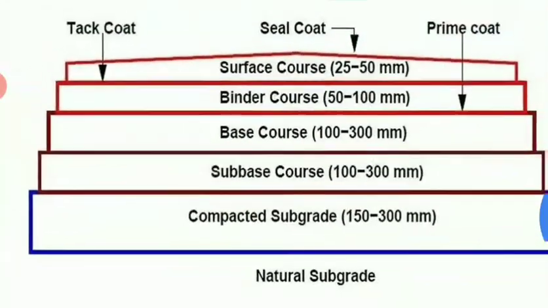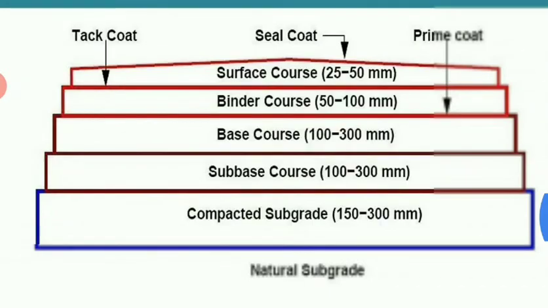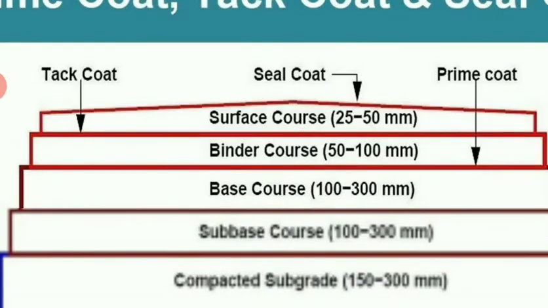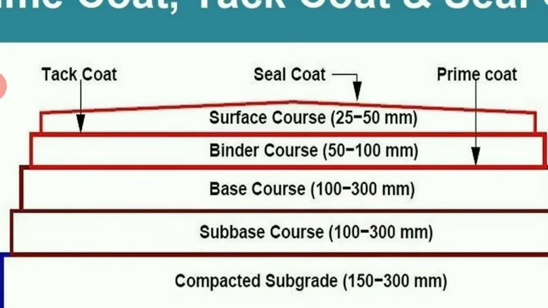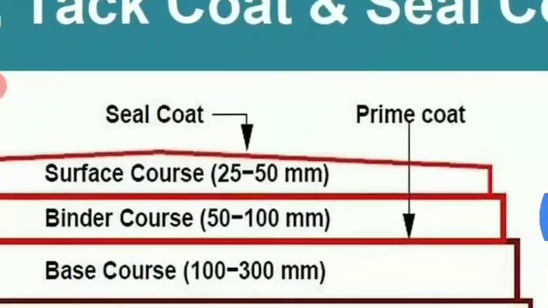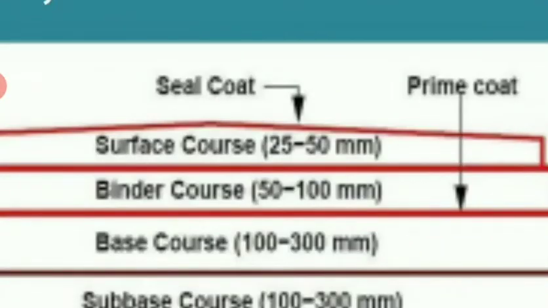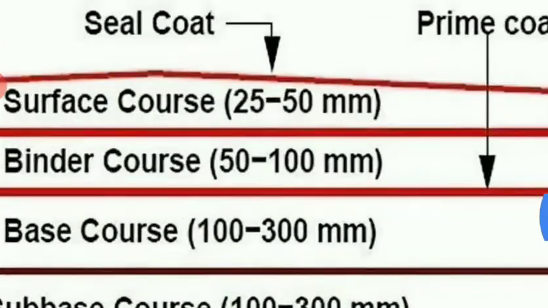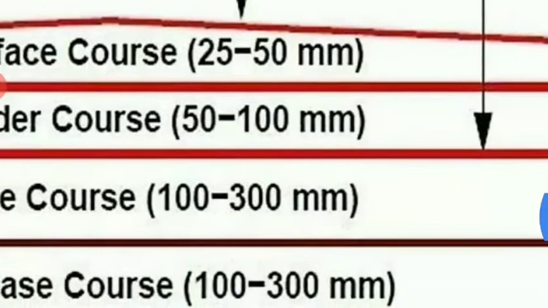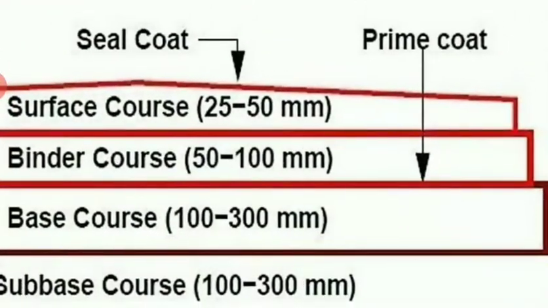This is the layer-wise arrangement of a flexible pavement: it starts with the compacted subgrade, sub base course, base course, binder course, and on top the surface course. The prime coat comes between the binder course and the base course.